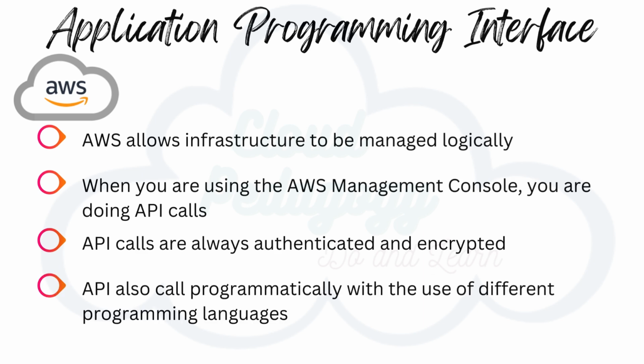In AWS, you can do API calls using the web console as I just described. But you can also do API calls programmatically with the use of different programming languages like Python, C#, Java, and many more. Of course, we are not going to focus on programmatic API calls in this course, but I just wanted to let you know that it exists. And it's a way to do infrastructure automation and create software using cloud services.